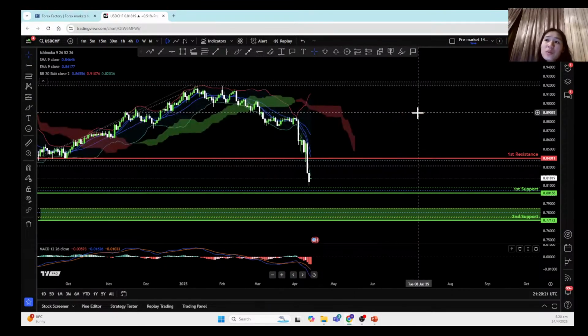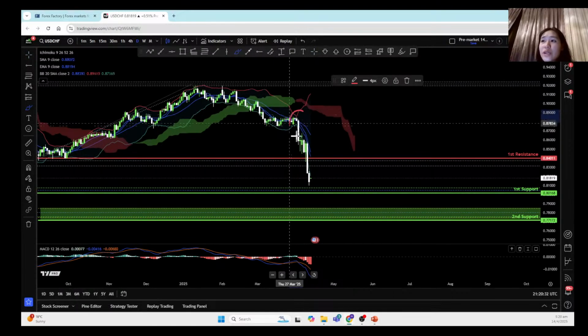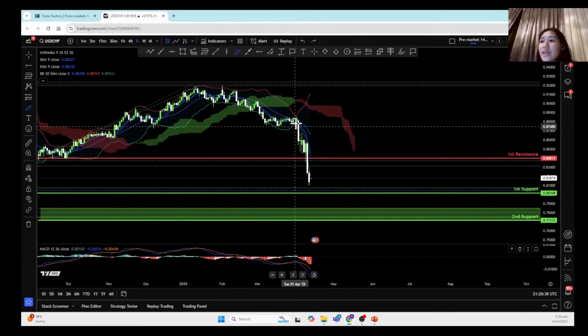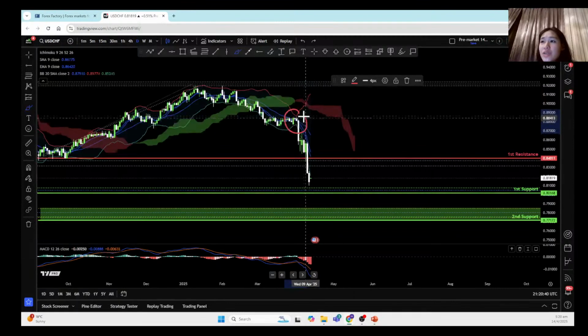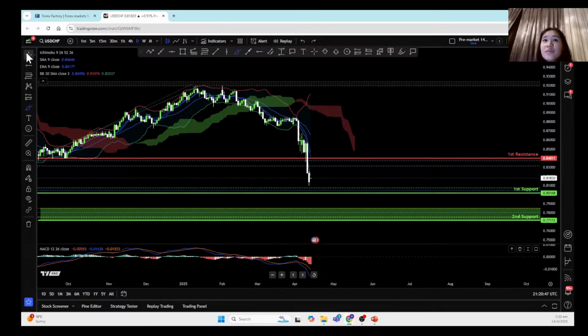On our Bollinger Bands, you can see quite clearly that prices are pushing below that lower band, and we've recently seen what is known as a Bollinger Squeeze happening over here, where prices were pushing really closely together and then broke below. So I'm expecting it to continue in this trend.